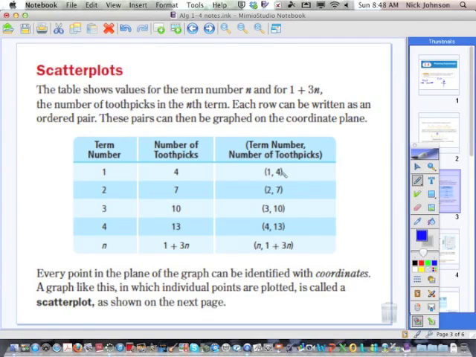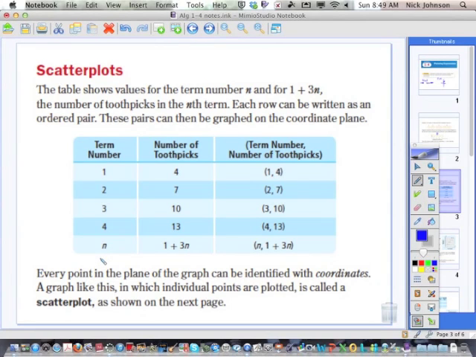Therefore, the coordinate is going to be 1, 4. The second term had 7 toothpicks, so its coordinate point is going to be 2, 7. Third term number had 10 toothpicks, 3, 10, and then it's going to go so on and so forth.